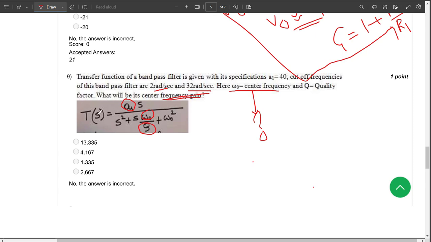This will be minus omega naught, and it will be cancelled out, and s will be cancelled out, in the transfer function itself. Ma'am, for the other cases also, this process will be followed, right? Since it's a transfer function given to you, you can follow this method. Yes, it will be followed for all the frequencies in that pass band.